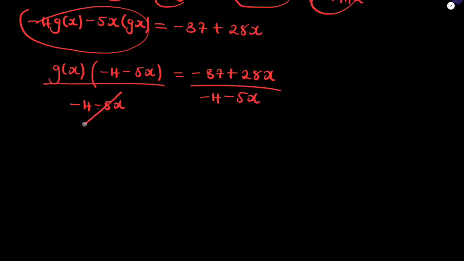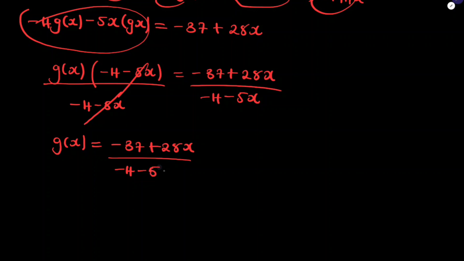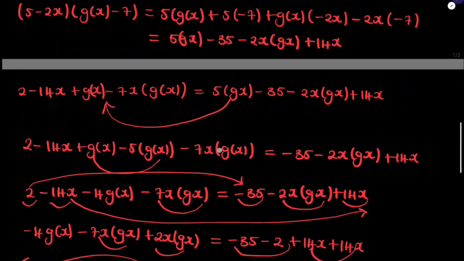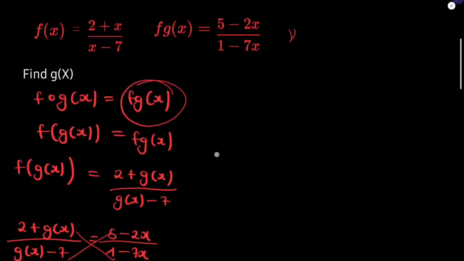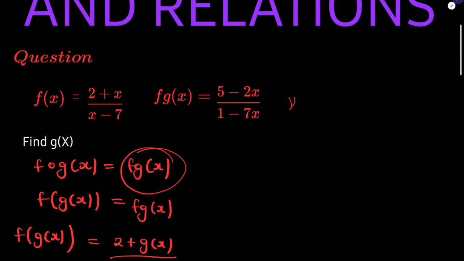So this will cancel, and we will have g of x is equal to (-37 + 28x) divided by (-4 - 5x). Okay, so this is our g of x. Since we cannot further simplify, we will leave it like this, and that is how we can look for g of x when given f of x and f of g of x.